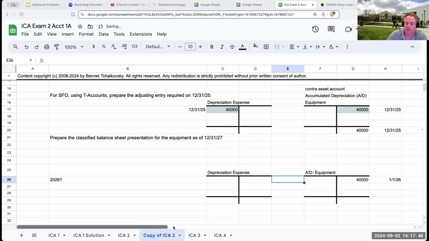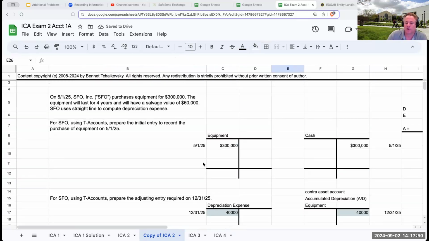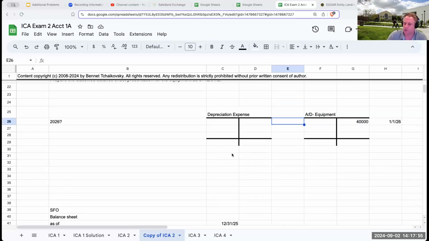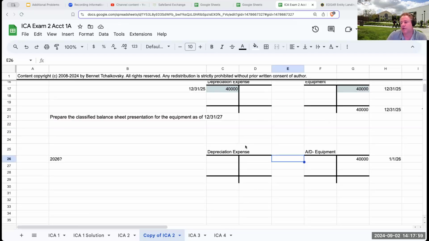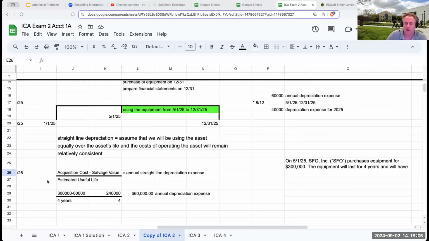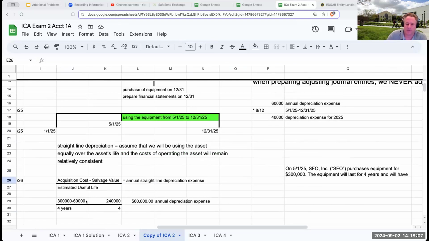And notice, similar to the other part, this equipment account isn't changing. It's just going to stay there until we sell it or dispose of it. So coming over here, how much depreciation expense do we record in 2026? Well, it's going to be the same formula: acquisition cost minus salvage value, divided by the estimated useful life, is going to give us 60,000.